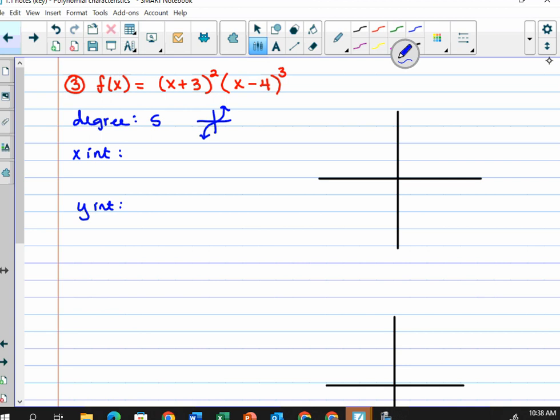So when the starting degree is here, okay, so the degree is odd, then there's going to be like that. If there's a negative in front, this side's up. Odd and opposite.